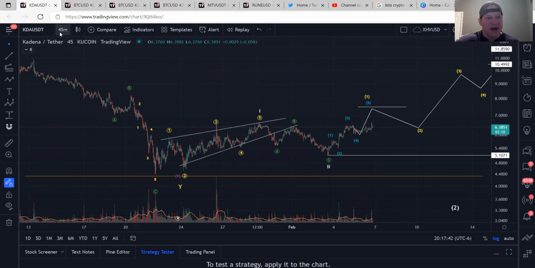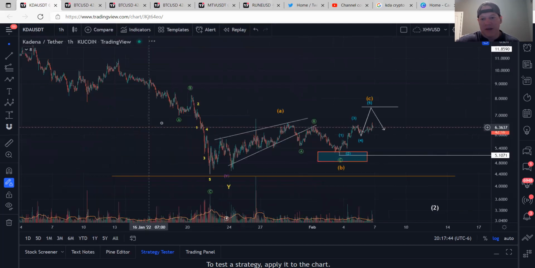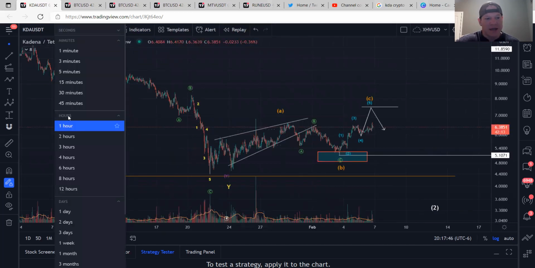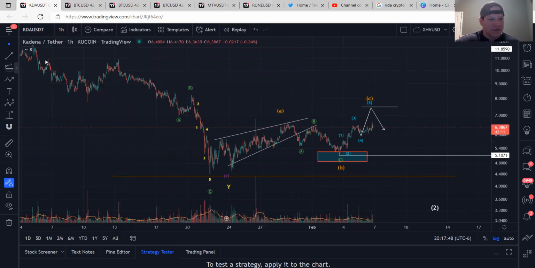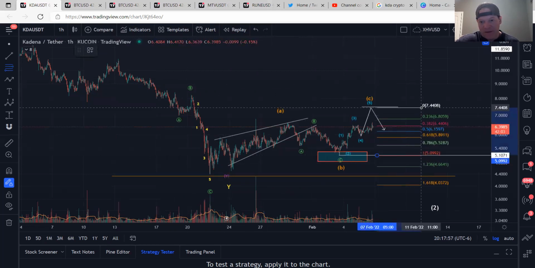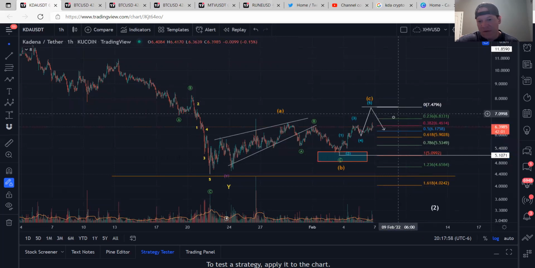So the question becomes, how do we react? Let's just assume that price does get up to this 5 wave here. So the question would be, if it does. If it doesn't, then we're obviously wrong. If it just reverses here and this whole entire structure breaks down, then I'll have to get into the details and figure out what that count is from there.